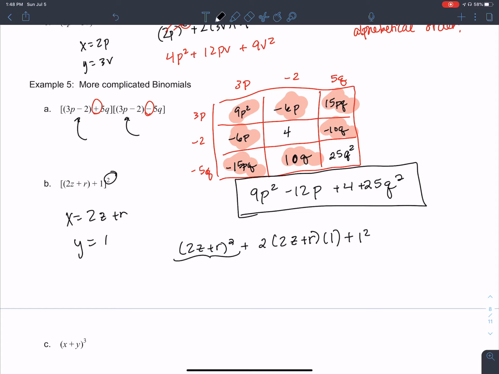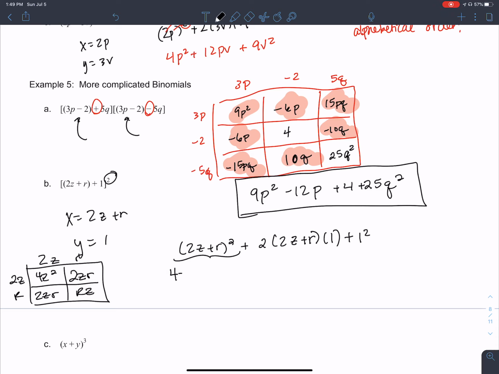So 2z plus r. Do your box. 2zr, 2zr, 4z squared, 2zr, 2zr, rz.